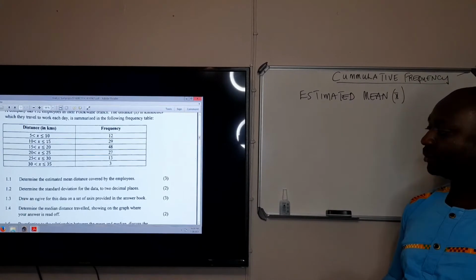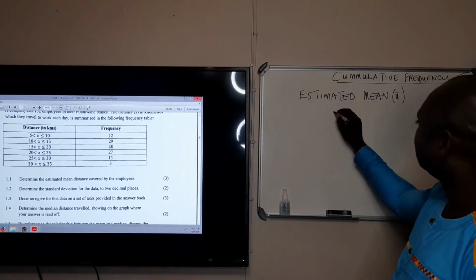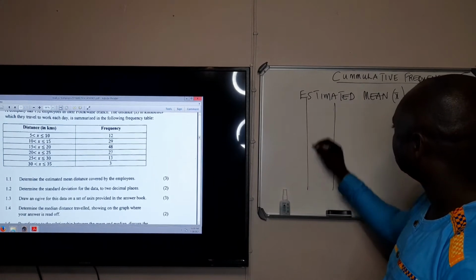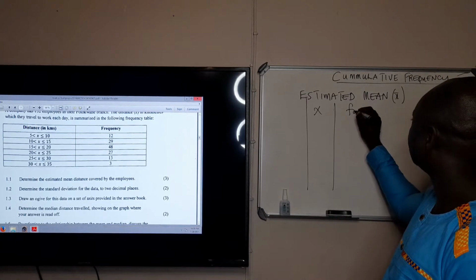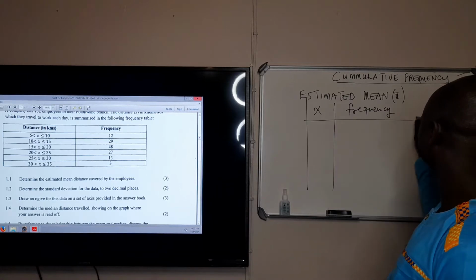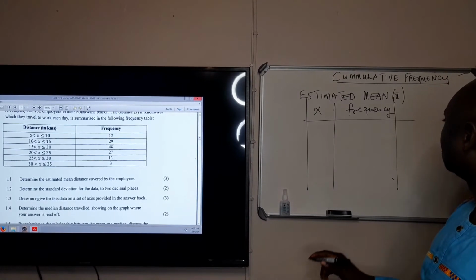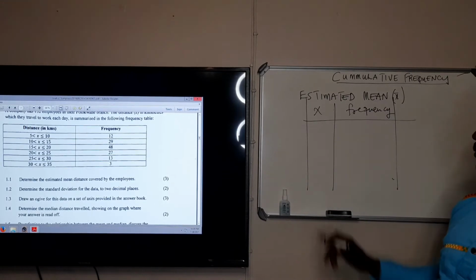What do we do with the calculator in order to find the estimated mean? You need to get your x values and the frequency.